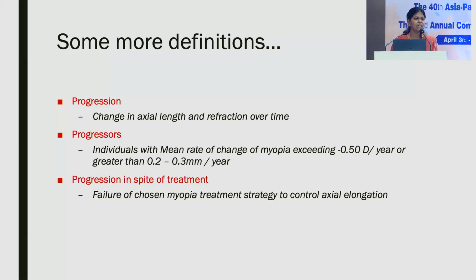Progression in spite of treatment is a term now used when a chosen myopia treatment strategy fails to control axial length elongation. And cessation of treatment is again still a big question. Nobody really has a consensus. We don't know whether up to 18 we keep on doing or what.